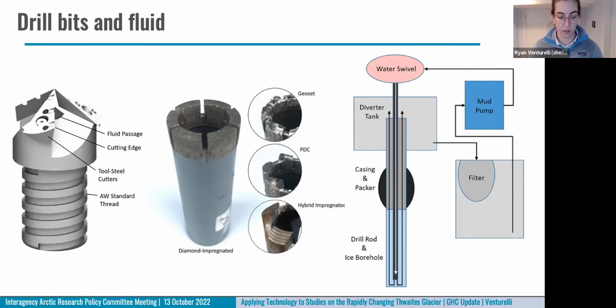First is the diamond impregnated bit, which is used to drill through hard bedrock. The geoset bit is used in soft rock formations or when there are sediments entrained in the base of the ice. The PDC can be used in soft rock formations, but has had limited success when ice is present. And there's also a hybrid impregnated bit shown here on the bottom.